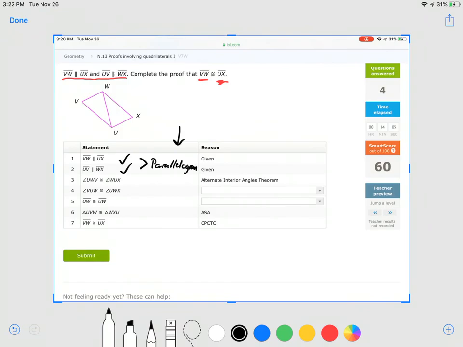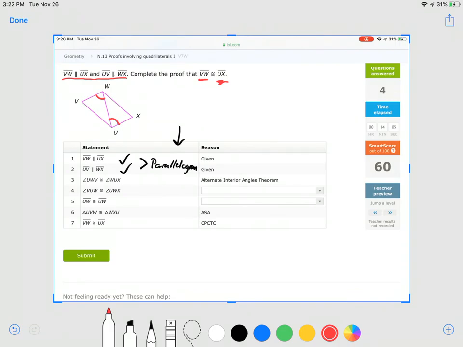Line 3 says angle UWV is congruent to WUX. UWV, which is this angle right here, is congruent to WUX, which is this angle here.